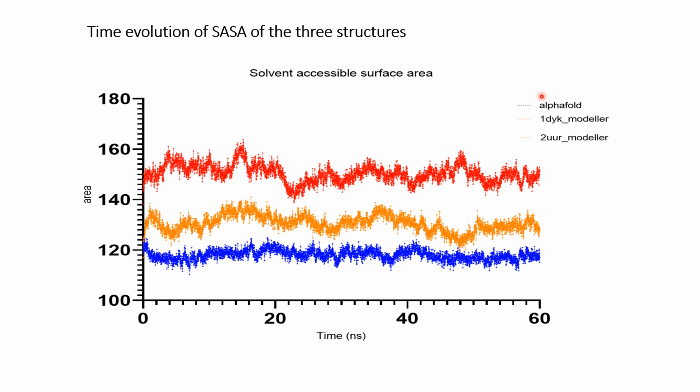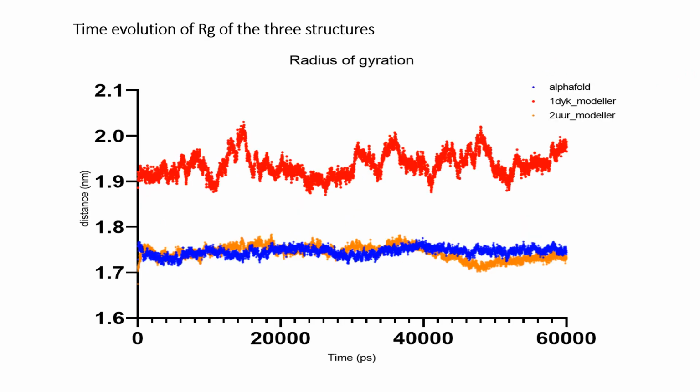Next, we evaluated the solvent accessible surface area among the three structures. Among the three structures, the AlphaFold 2 derived structure had the lowest solvent accessible surface area, which may be due to the flexible loops shielding the hydrophobic core. However, further experimentation is required to validate this hypothesis.